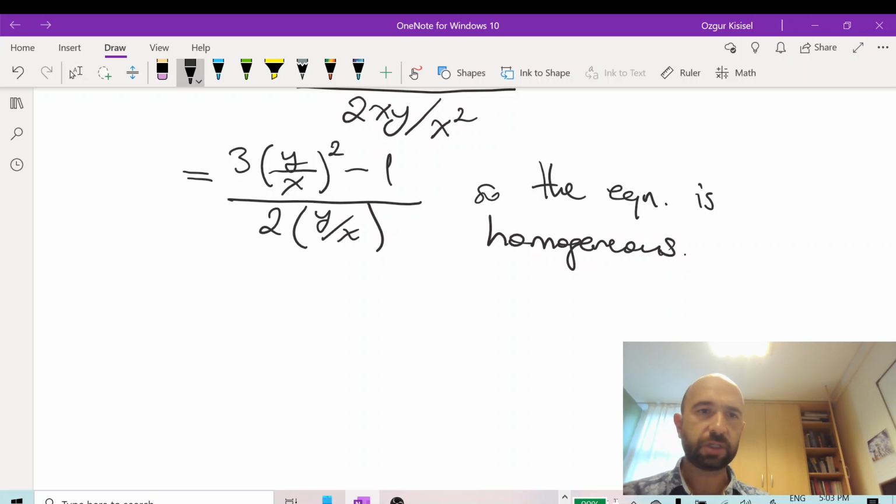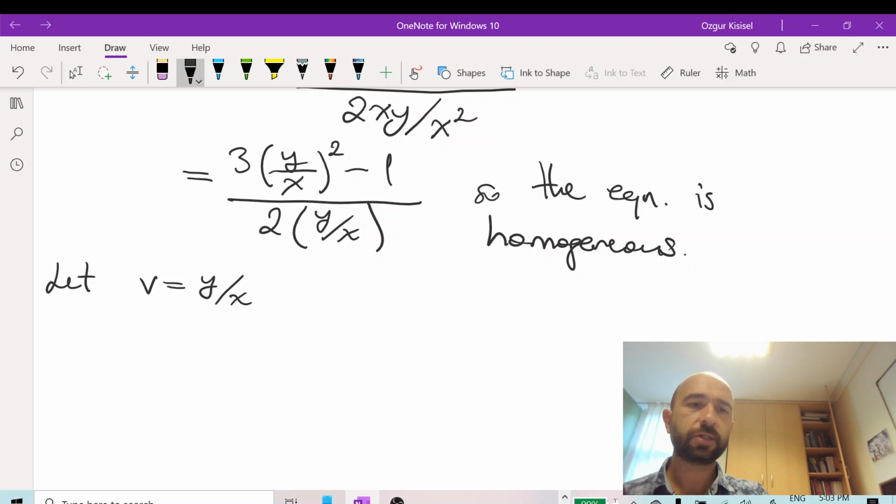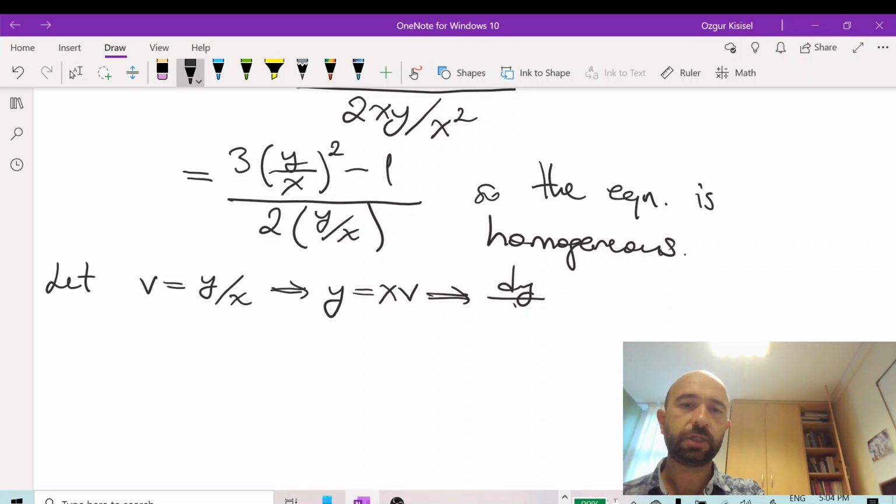Okay, now let's follow the steps of solution. So let v equal y over x, then y equals xv, and by the product rule, dy/dx is equal to v plus x dv/dx.